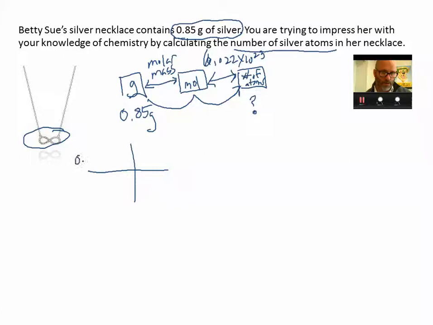0.85 grams of silver. This is what we're starting with. Grams of silver goes down on the bottom right, because we want this to cancel that out. We don't want to end up with grams of silver. In this first step, we want to go to moles of silver.